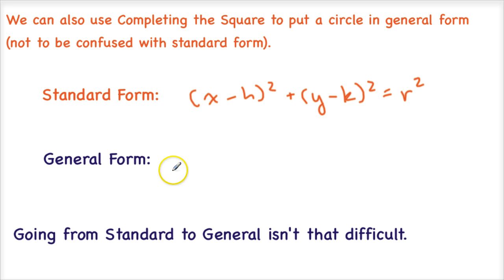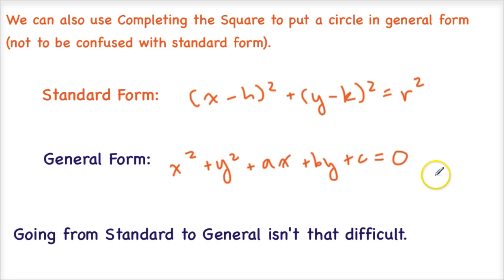General form is a bit longer. It's x² + y² + ax + by + c = 0. So this is just another form that you can use to graph or write the equation of a circle.